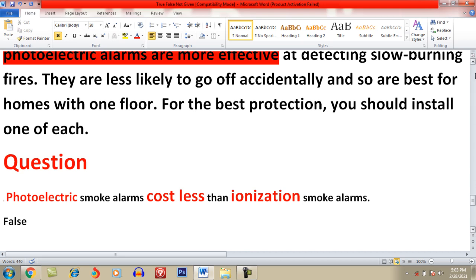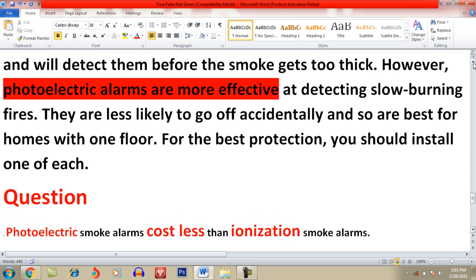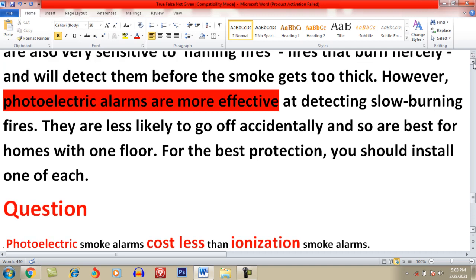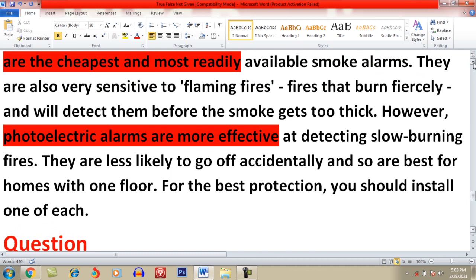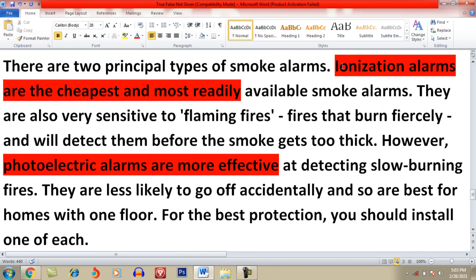My keywords are photoelectric smoke alarm cost less than ionization smoke alarm. Now you will get confusion. In the passage they mention that ionization alarms are the cheapest and most readily available. My keyword in the question is photoelectric, and in the passage I got ionization.